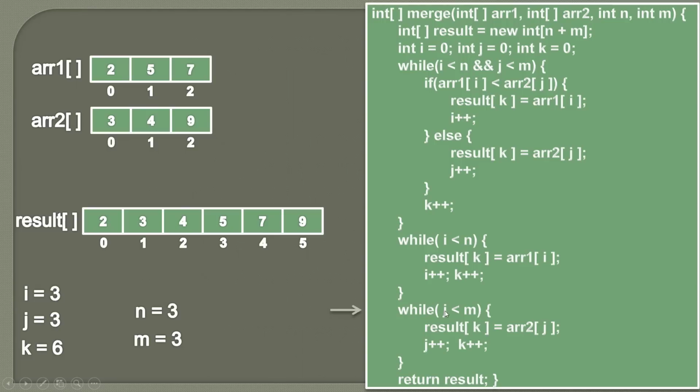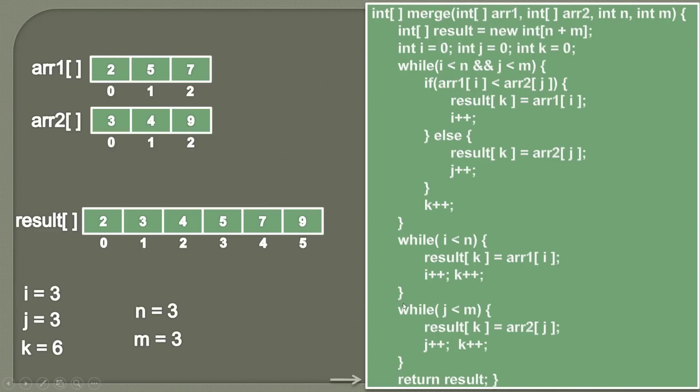Now we again compare whether j is less than m or not. Here you can see 3 is not less than 3, so this condition comes out to be false, which signifies that we have completely migrated all the elements of array 2 to the result array.